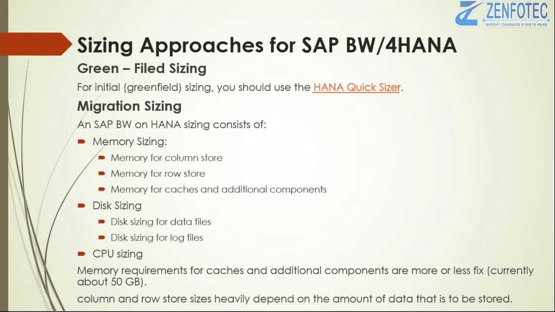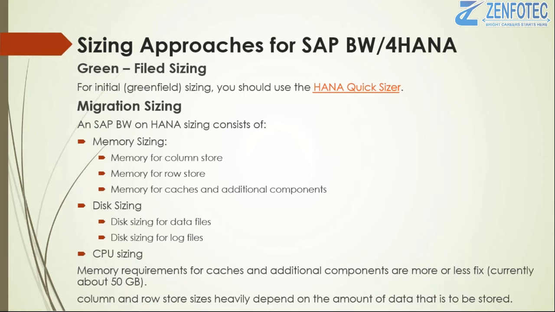That's the reason row store and column store are important in BW sizing. And the remaining is the same. We have to do this sizing and the CPU sizing for both S/4HANA and BW/4HANA, and Suite on HANA as well.